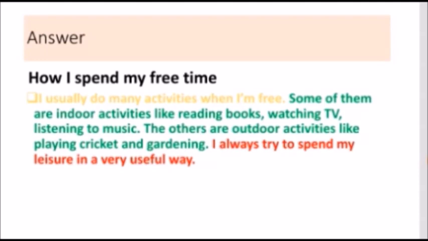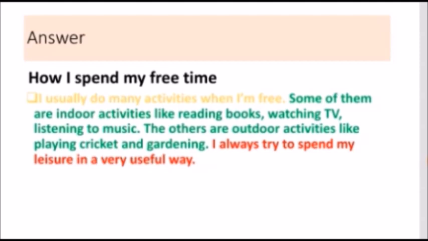Let us check your answer now. Check whether your answer looks similar to the given answer. Let's read it together. How I spend my free time. I usually do many activities when I am free. Some of them are indoor activities like reading books, watching TV, listening to music.